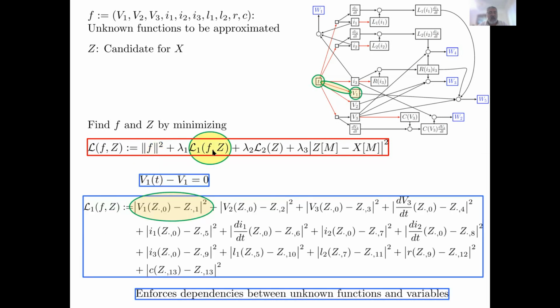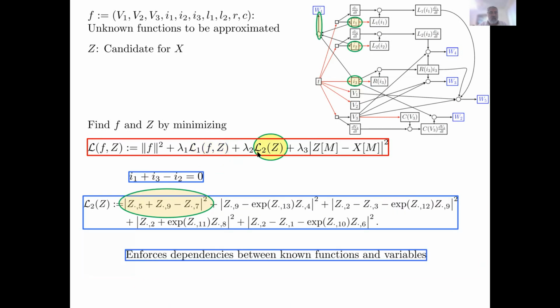The L1 term in the loss enforces dependencies between unknown functions and variables. So for instance, the term highlighted in green enforces the constraint that the variable representing the value of V1 is obtained by mapping the variable T via the unknown function V1. The L2 term in the loss enforces dependencies between known functions and variables.